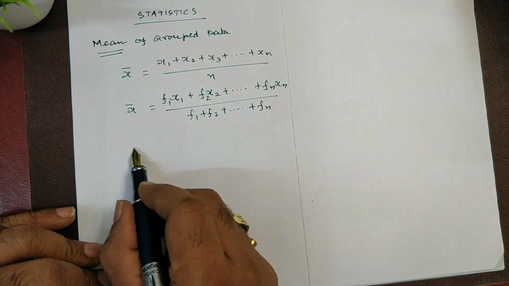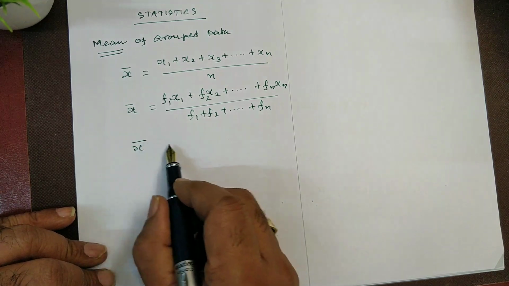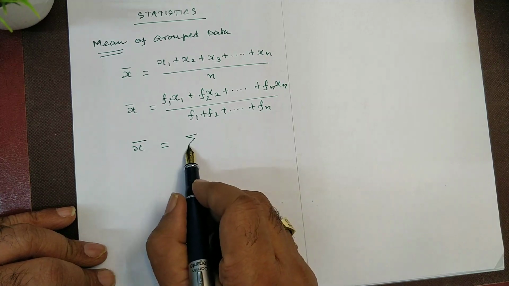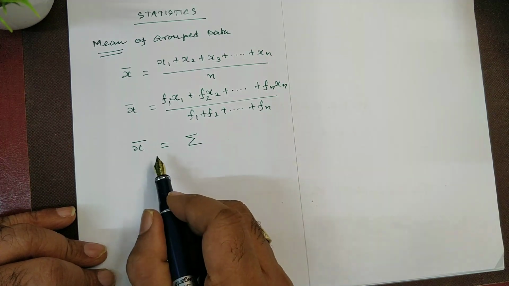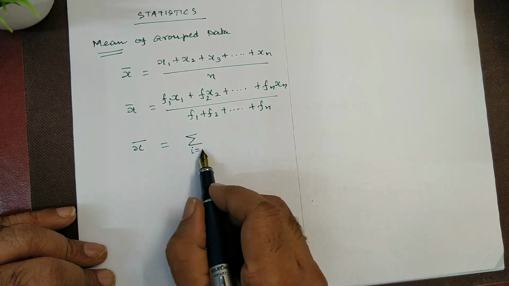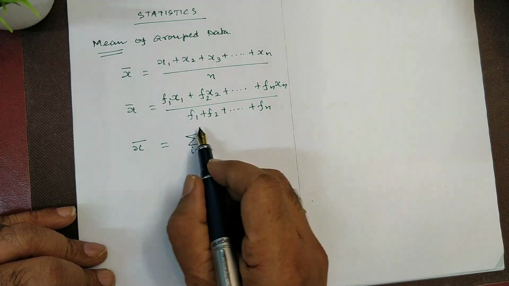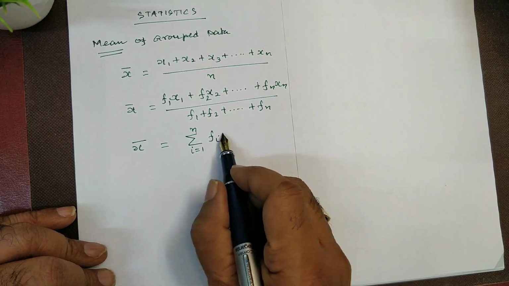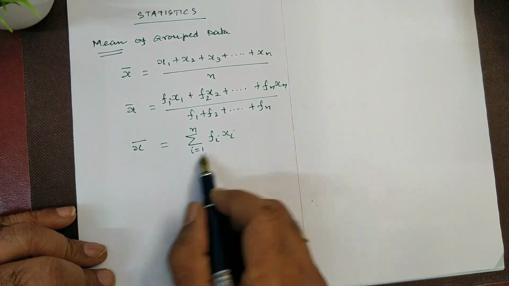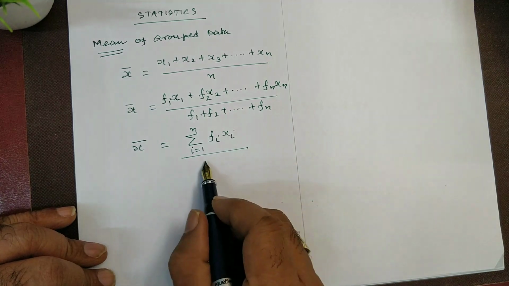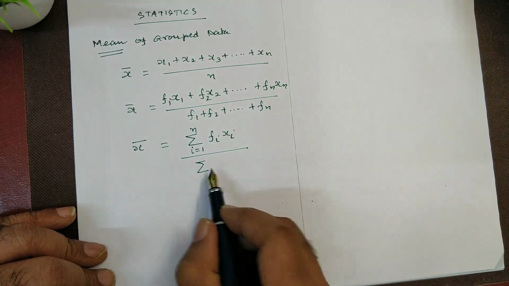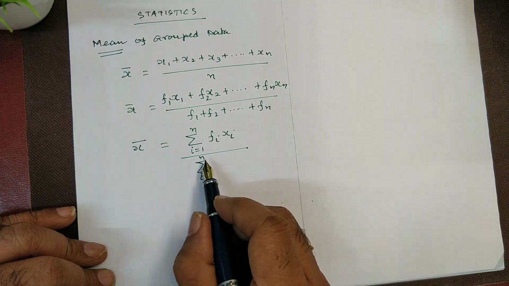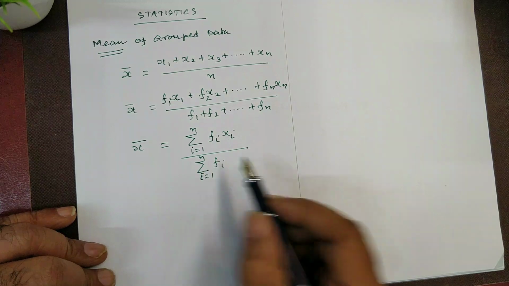This is also represented as x bar is equal to the sum, this is called sigma, starting from i equal to 1 up to n, of the product fi xi, whole divided by the sum starting from i equal to 1 up to n of fi.